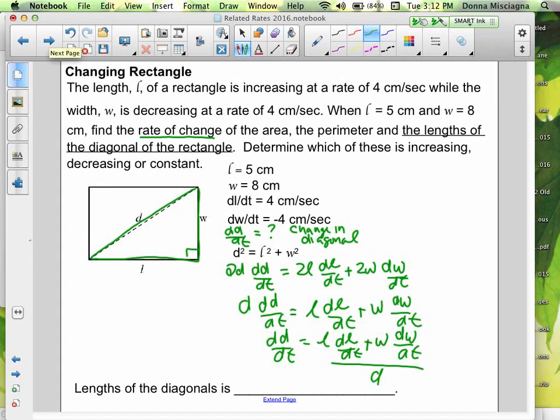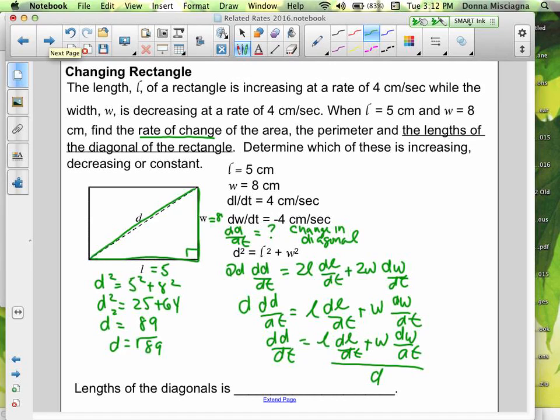All right, so length here is 5, width is 8, so that gives us D squared equals 5 squared plus 8 squared. 5 squared would be 25 plus 64, it's going to be 89. And that means D is the square root of 89. That's not going to simplify at all, so let's just leave it like that.